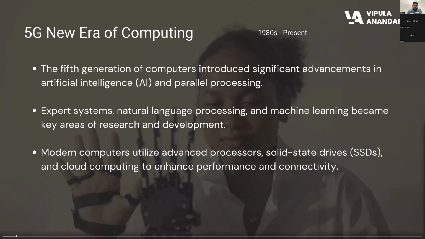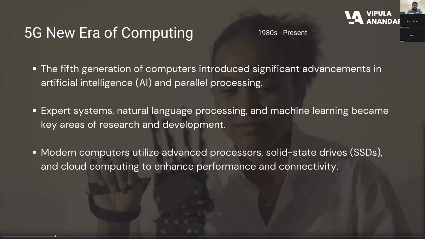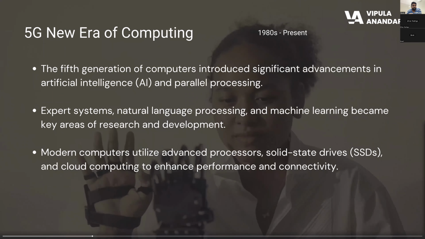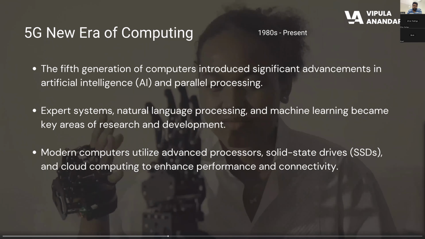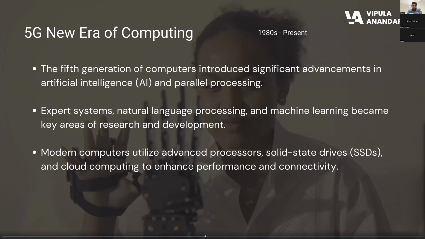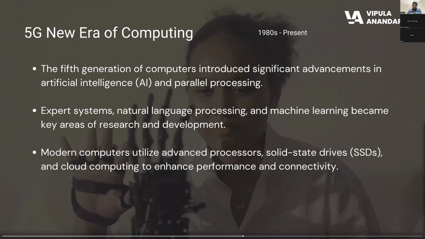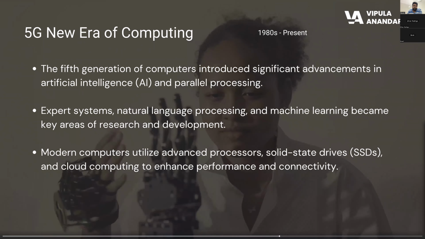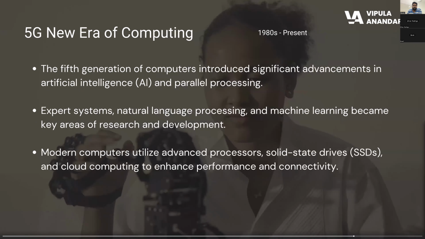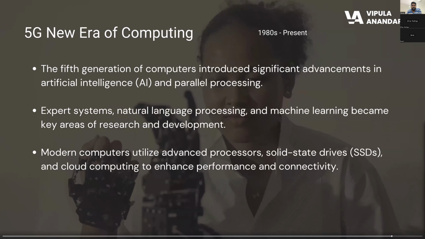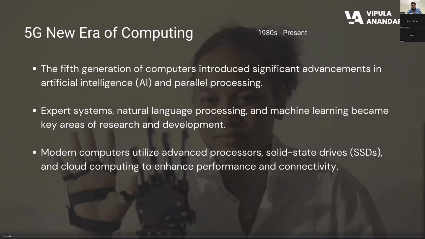Obviously, expert systems like natural language processing and machine learning became the key areas of research and development. As we all know, modern computers utilize advanced processors, solid state drives, which is faster storage, and cloud computing to enhance performance and connectivity.